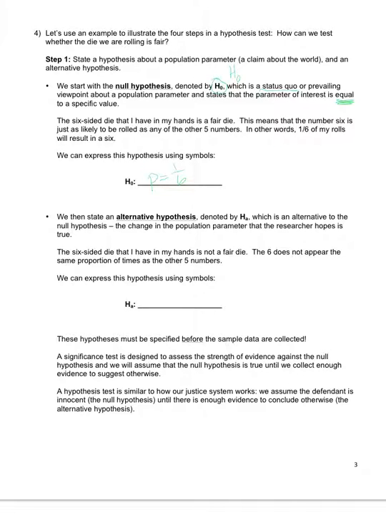All right, so in this case, this value is equal to P with a subscript of 0. And that's just a reminder that this is in the null hypothesis. Because we're going to assume the null hypothesis is correct until we gather enough evidence to suggest otherwise. Okay, and one other thing to note in this null hypothesis is that we're always going to be using an equal sign.